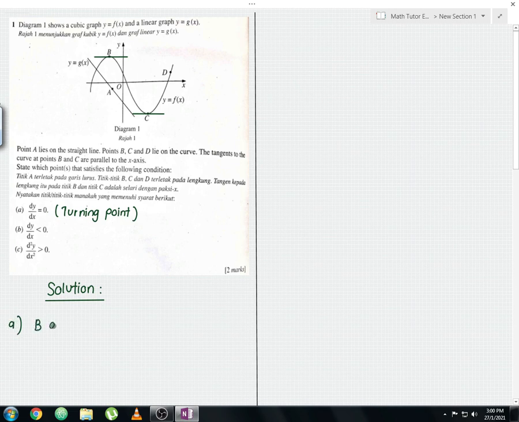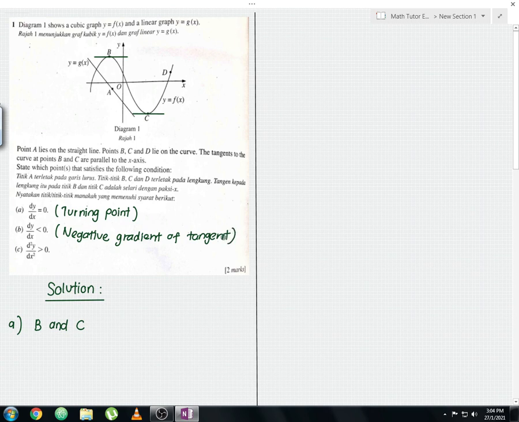point B and C. Okay, let us proceed to part B, where the question asks us to state which point satisfies the condition where dy/dx is less than 0. dy/dx less than 0 indicates that you have a negative gradient of tangent.